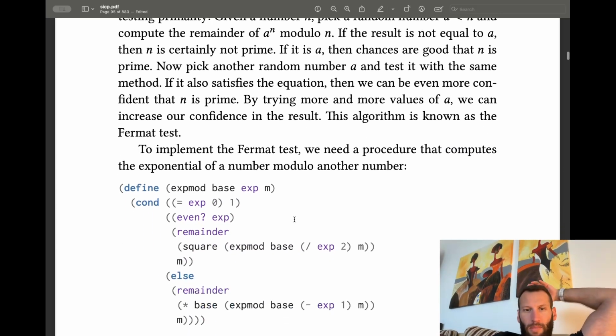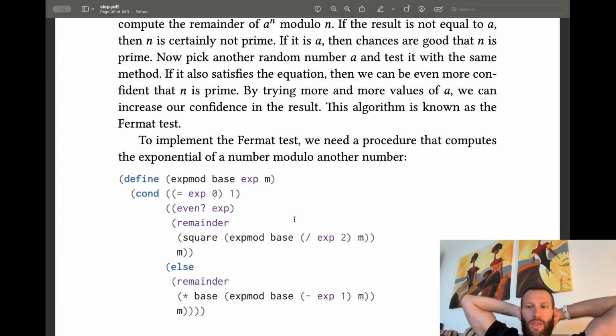To implement the Fermat test, we need a procedure that computes the exponential of a number modulo another number. So this is exp mod. And you need the base, you need the exponent, and you need m.